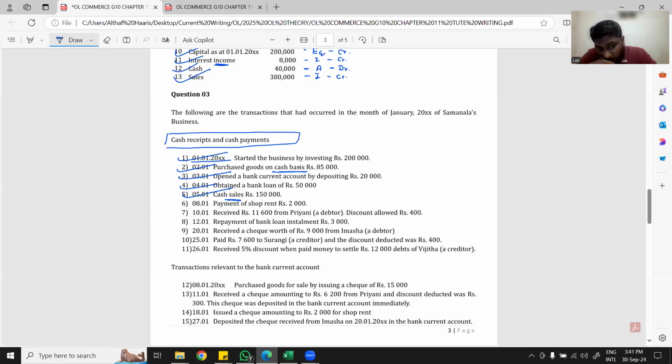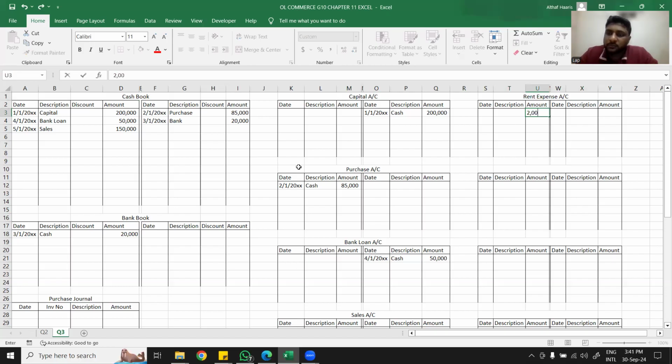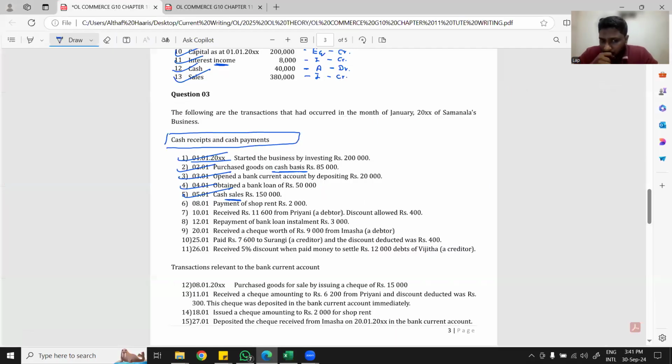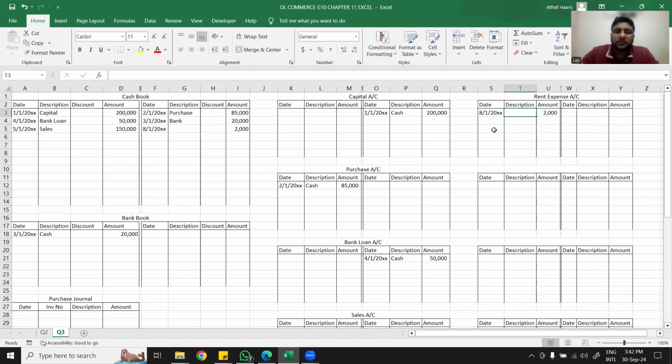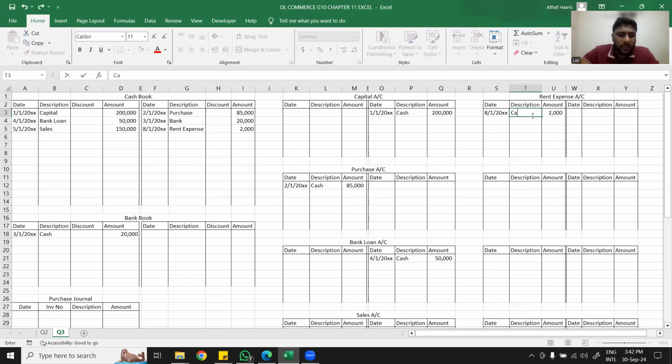What's the value? 2,000. Here you can write rent expense and here you can write cash.